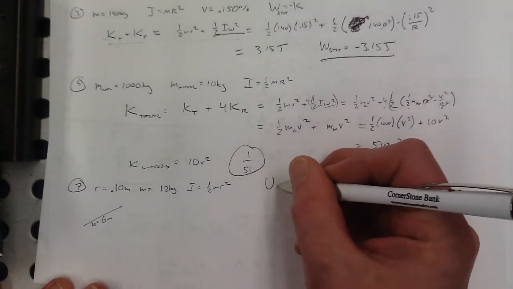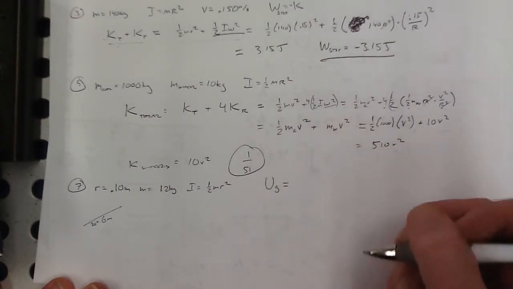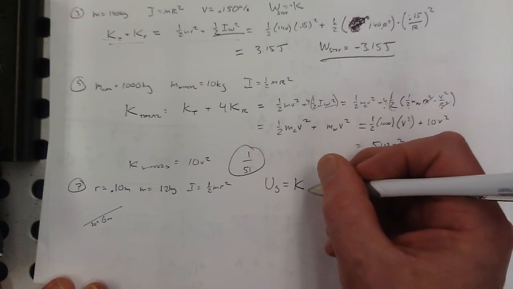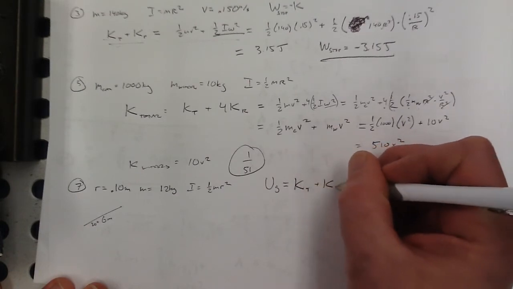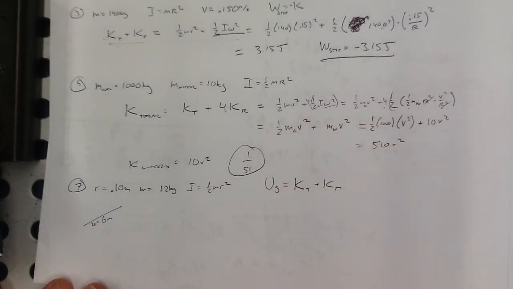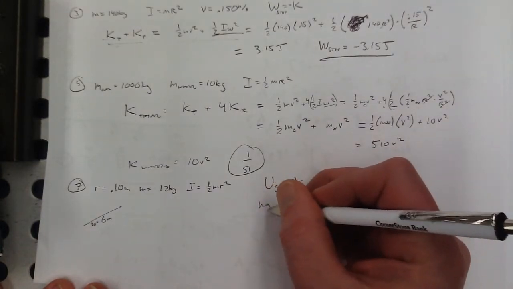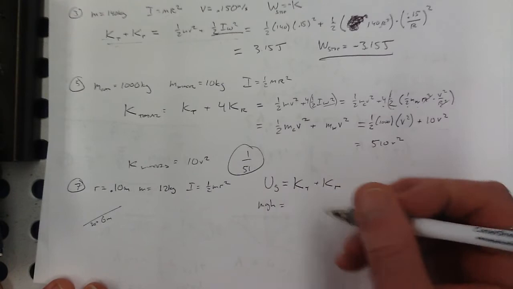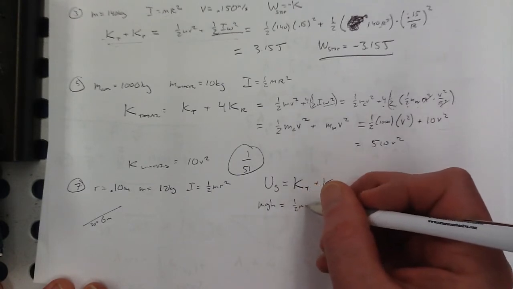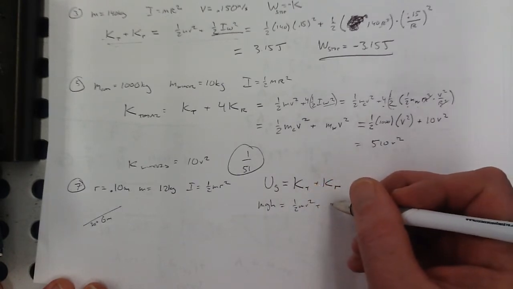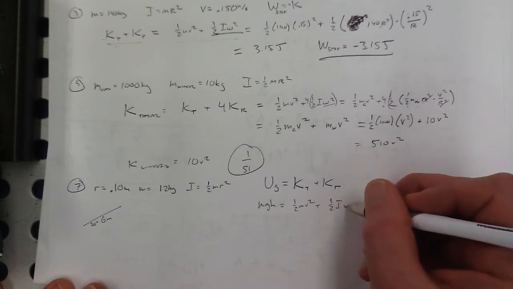So the cylinder has gravitational potential energy, and that's going to turn into rotational and translational kinetic energy. So here, that's mgh is equal to translational 1/2 mv squared plus rotational 1/2 I omega squared.